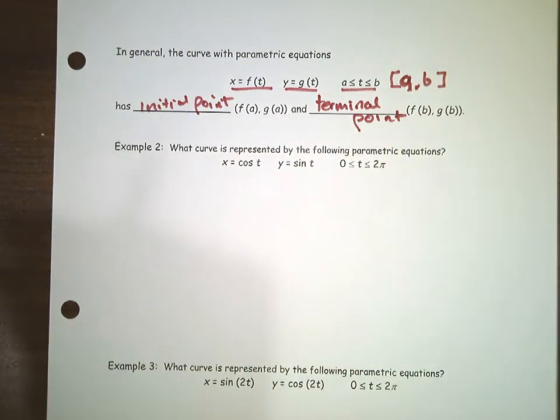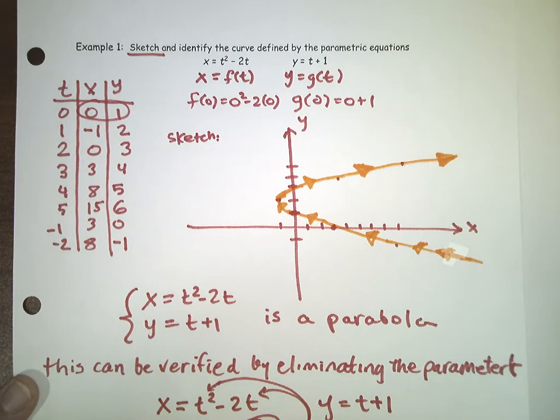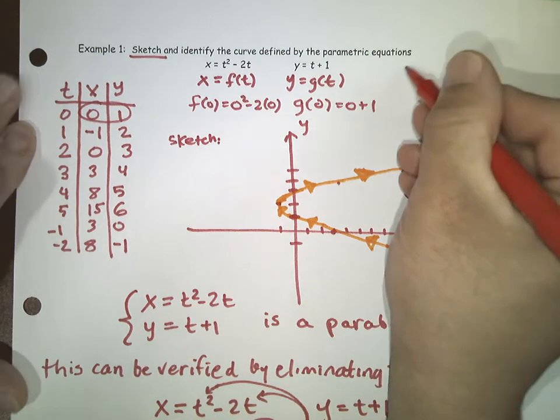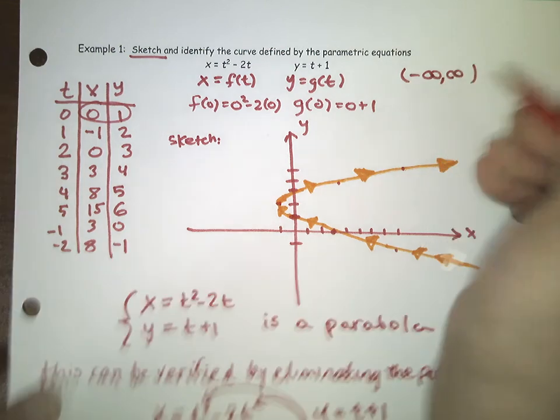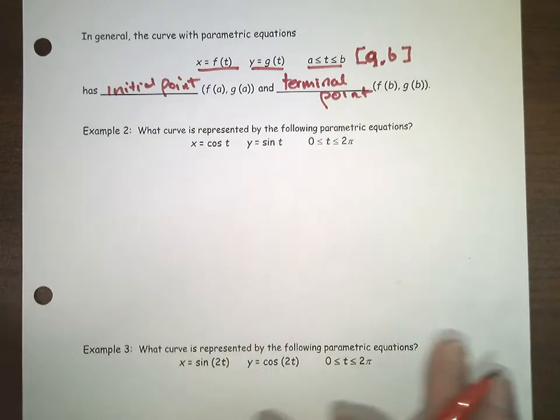If you looked at the last one, this really didn't tell us where the initial point and the terminal point were because t could be any value, negative infinity to infinity.